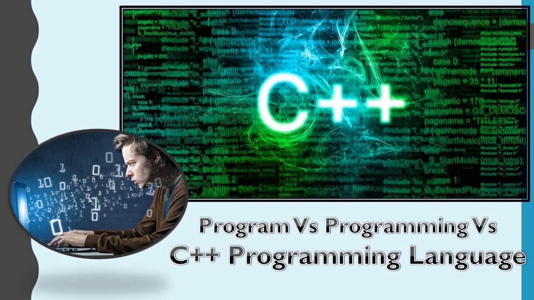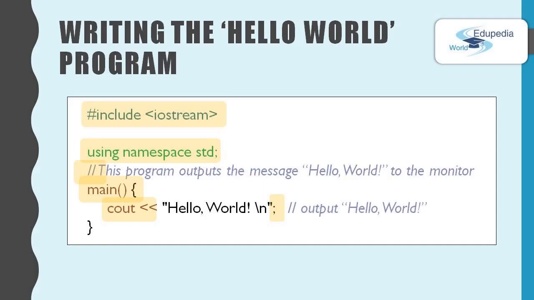To describe things precisely for a computer, we need a precisely defined language with a specific grammar and well-defined vocabulary for the kinds of action we want to perform, and English is far too loosely structured for that. Such a language is called a programming language, and C++ is a programming language designed for a wide selection of programming tasks. Now here is our first program, Hello World.